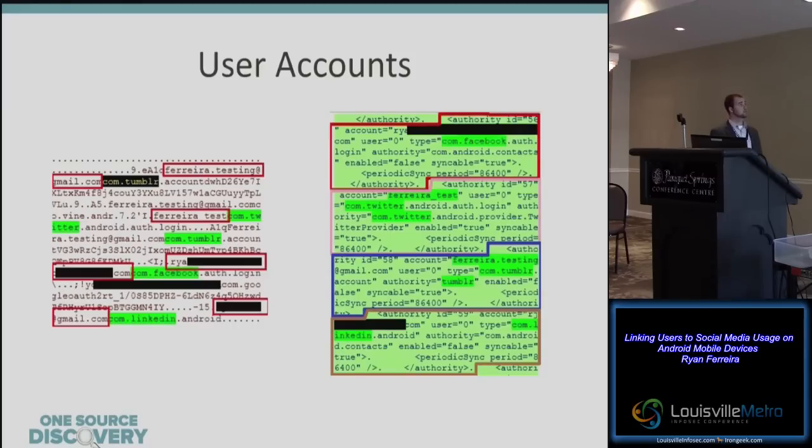Here's this account, Ferreira_test for Twitter. You've got Ferreira.testing@gmail for Tumblr. Here's the email address for LinkedIn, there's the email address for Facebook. Same thing over here, this is just a different location on the device. So there's generally going to be multiple locations that cache this sort of information.